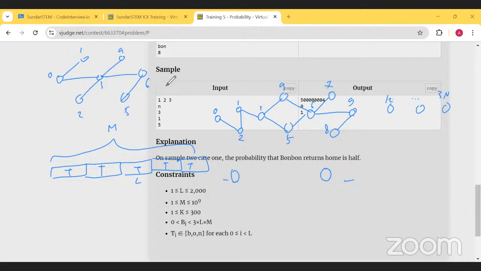Okay, so the probability is half. Because we want to modulo it with something, half means this modulo plus 1 divided by 2. So if we plus 1 divided by 2, it equals 5e8 plus 4, just like this. Okay, this means the probability is a half.